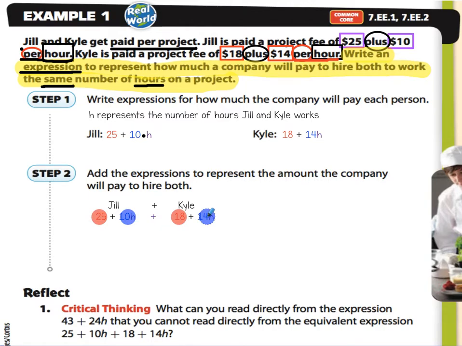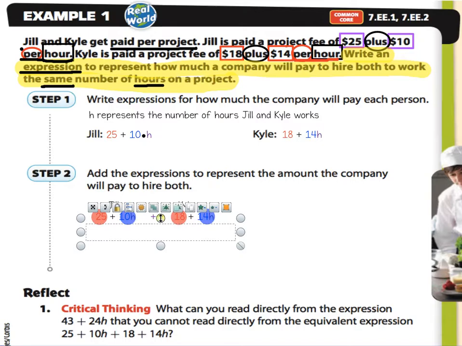Now because they both have variables, we can look to see if they're like terms. Since they both have H as their variable, they are like terms. If one had an H and one had a J, they would not be like terms. They have to have the same variable. You can't combine two separate variables, but you can combine numbers that have the same variable.